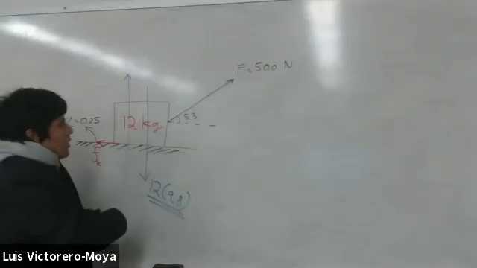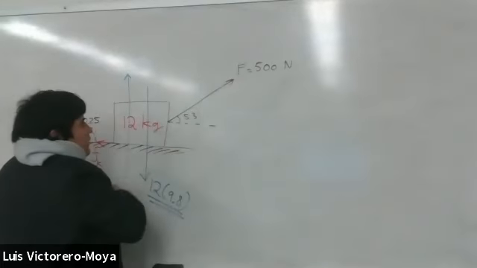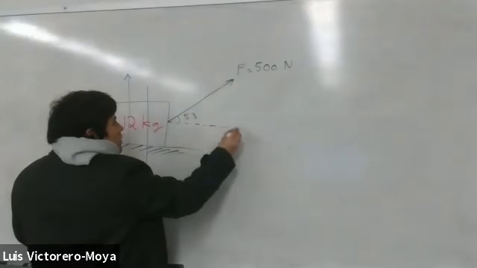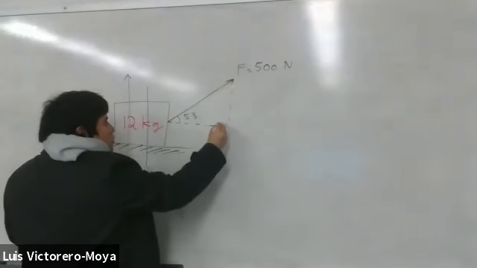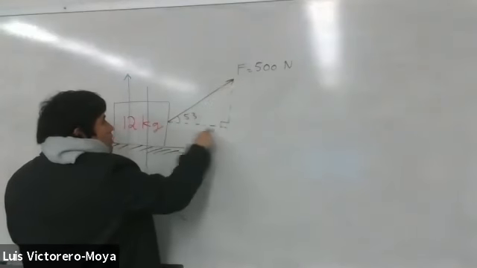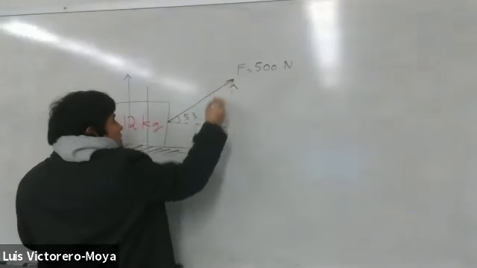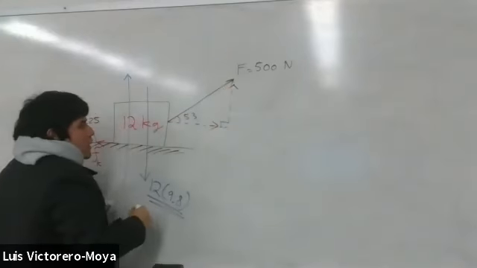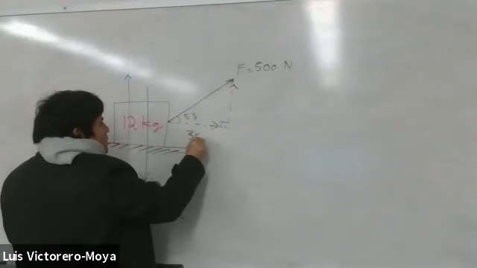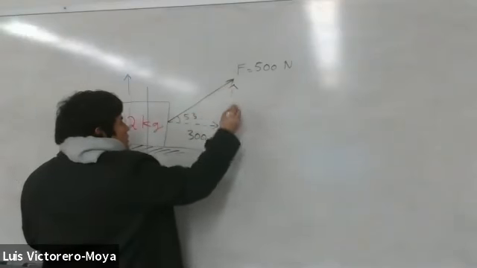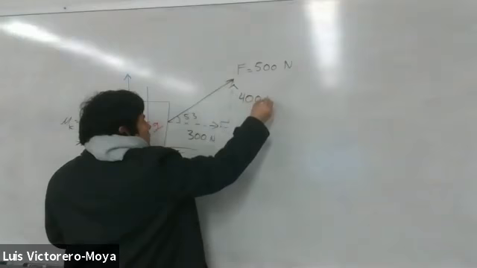And then let's take a look at this force. This force is 500. So I can break it into components. 500 cosine, 500 sine. And you're probably seeing what's going to happen. This is 300 newtons. This is 400 newtons.